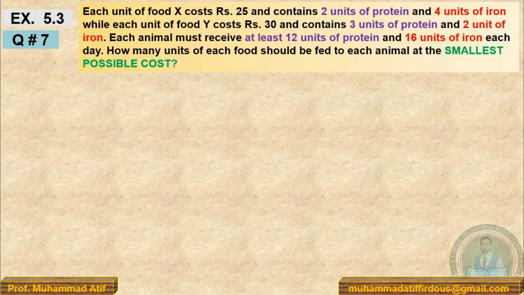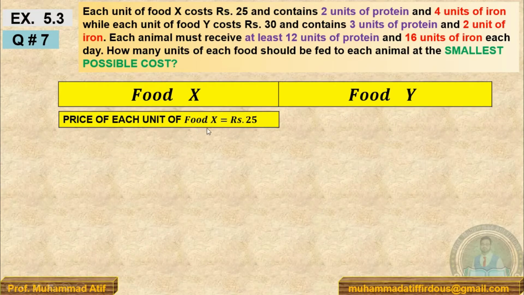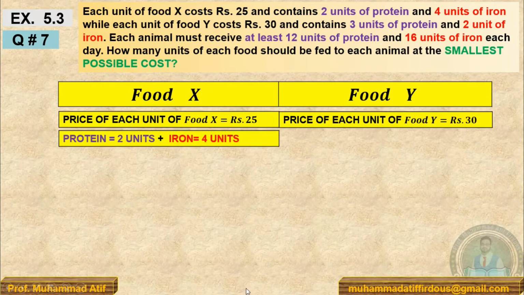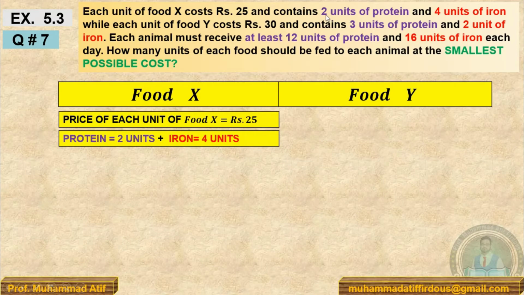Now I am going to convert this whole statement into a picture. Kindly follow the color scheme, the color language which I am going to use in this lecture. We have two types of food, X and Y. The price of each unit of food X is 25 rupees, and in food X you have protein 2 units and iron 4 units.